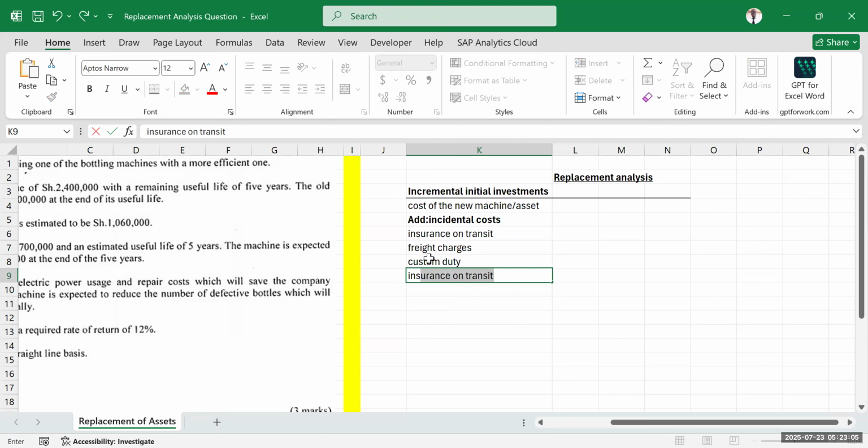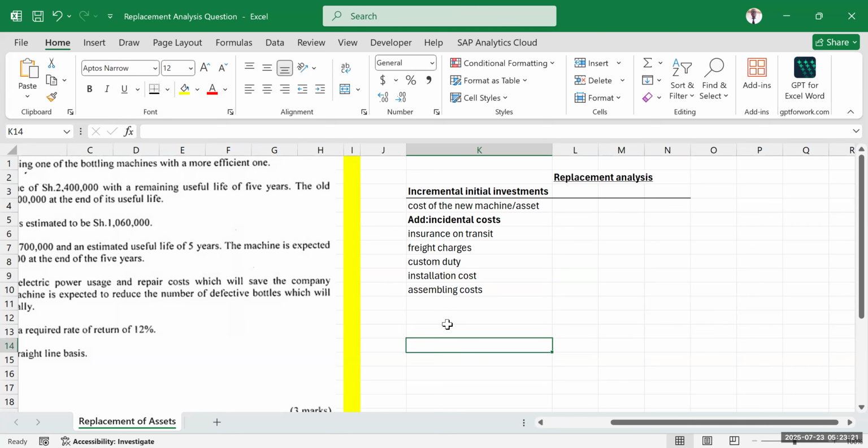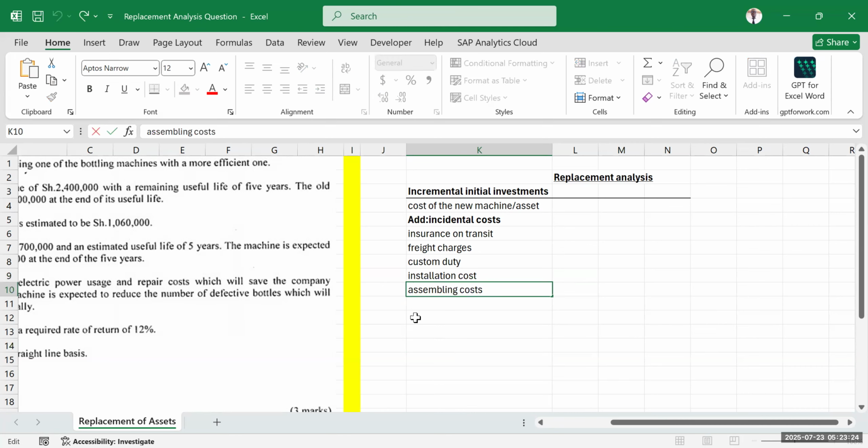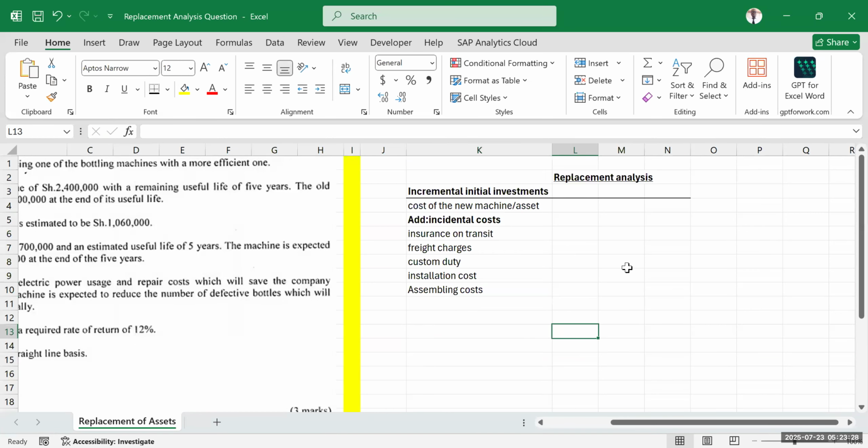In case there will be an installation aspect involved to make the machine ready for usage, that cost you capitalize. Lastly, in case you need to assemble that machine, then that assembling cost will be capitalized on the cost of bringing on board the new machine.